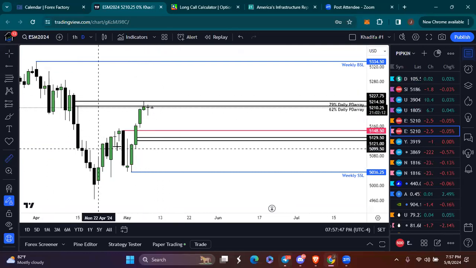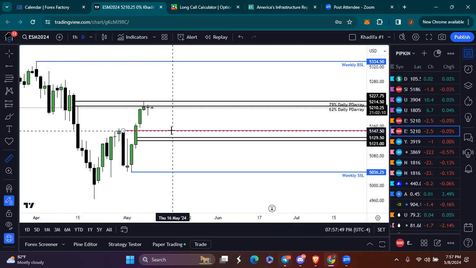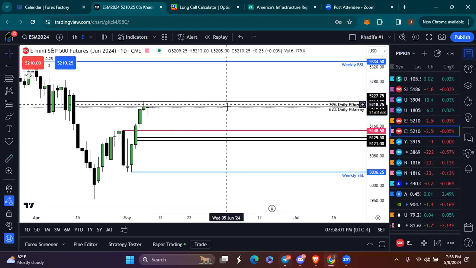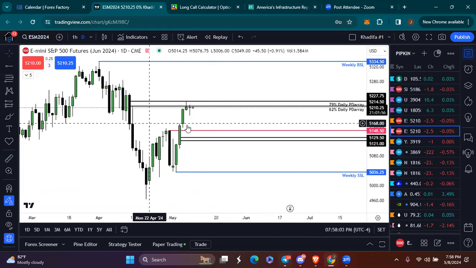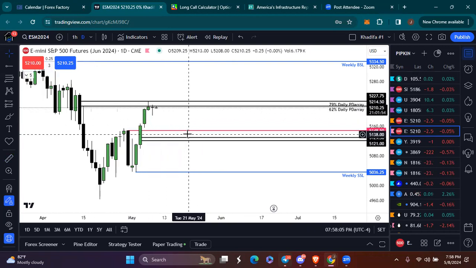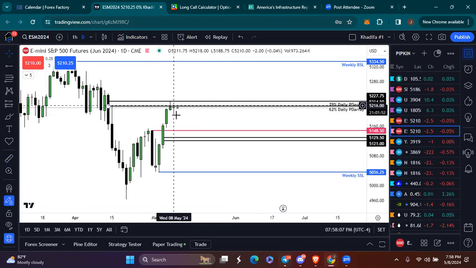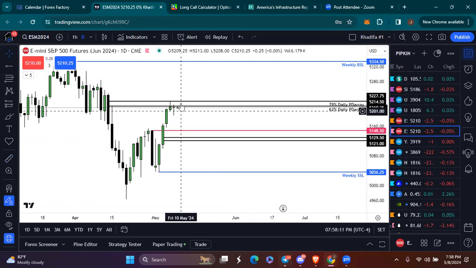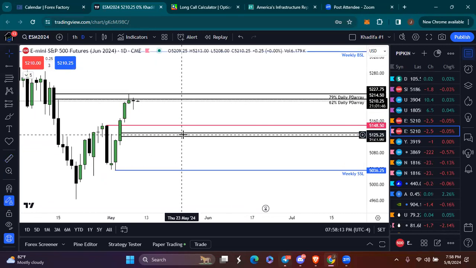So for ES, that's about 65 handles or 263 ticks. That's what I see for ES, and that's what I'm expecting to play out for ES.